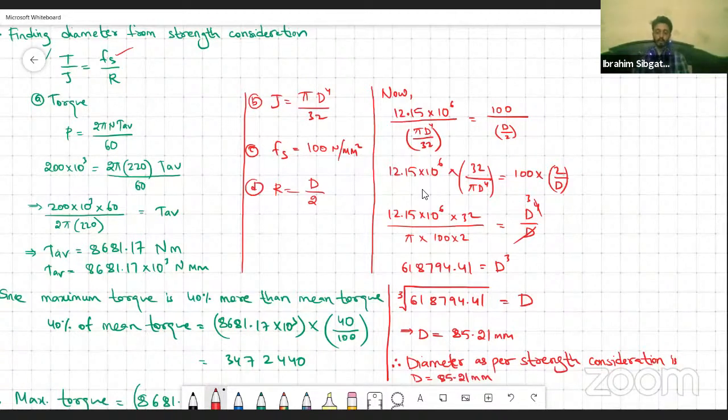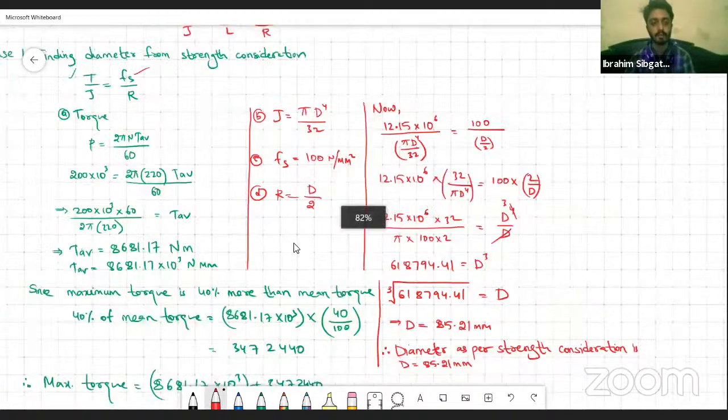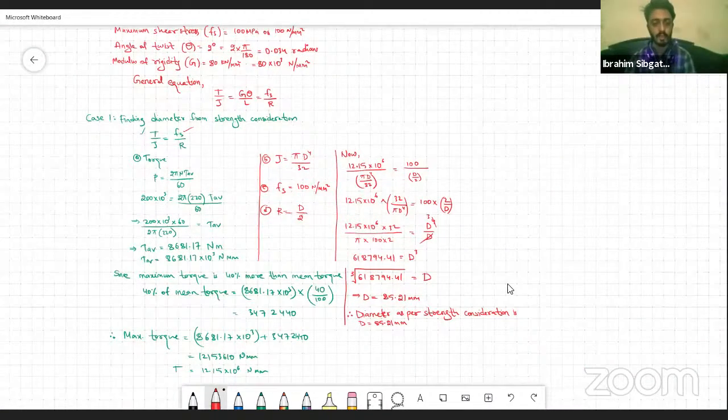Okay, so this is what it is. Now, this is not the diameter that we are looking out for. This is not the last answer. Okay, this was just case one.